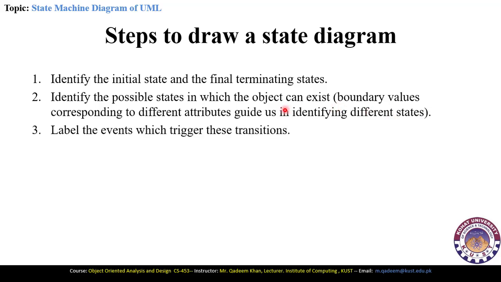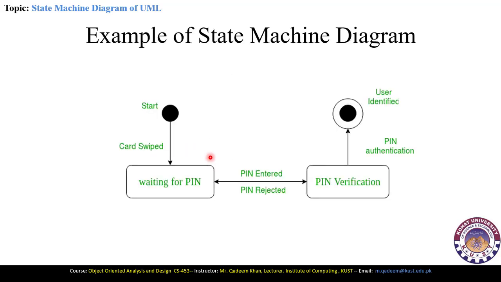The third step is to label all the events which will be triggered when these particular states are called. These events are the labels on the arrow lines which connect two or more states. Here is an example of a state machine diagram.